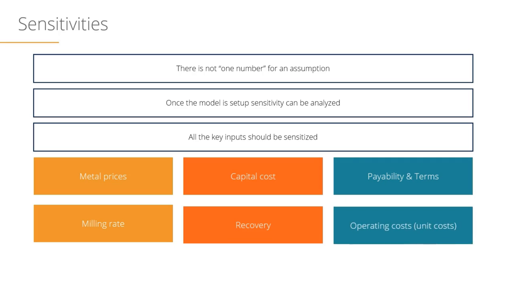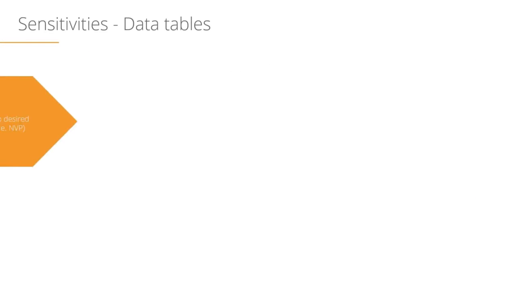All the key inputs should be sensitized. This includes things like metal prices, milling rates, capital costs, recovery rates, payability and smelter terms, and unit operating costs. Of these items on the page, metal prices and unit operating costs are probably the most important to sensitize.